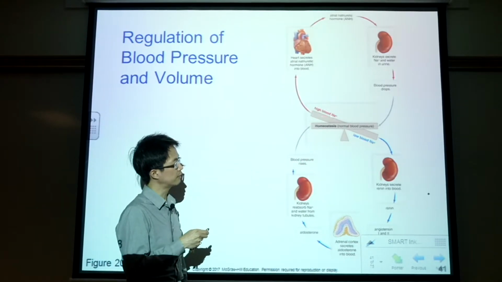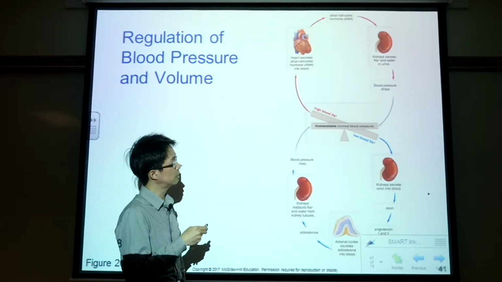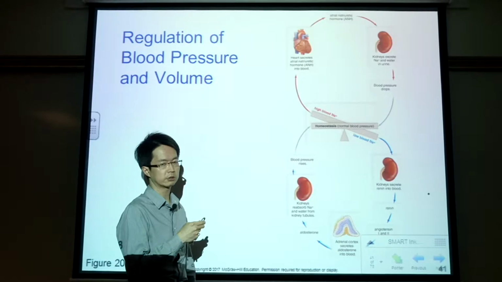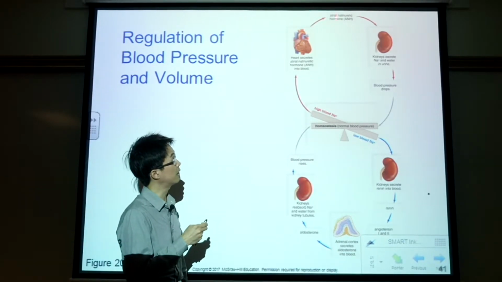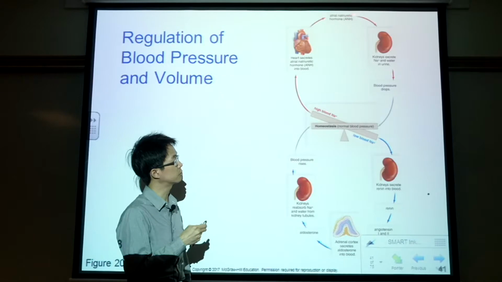On the other hand, if you have high blood pressure, we'll go through this. When you have too high blood pressure, our atria will be stretched. When the atria are stretched, they will secrete something called atrial natriuretic hormone. We'll talk about this hormone very soon.